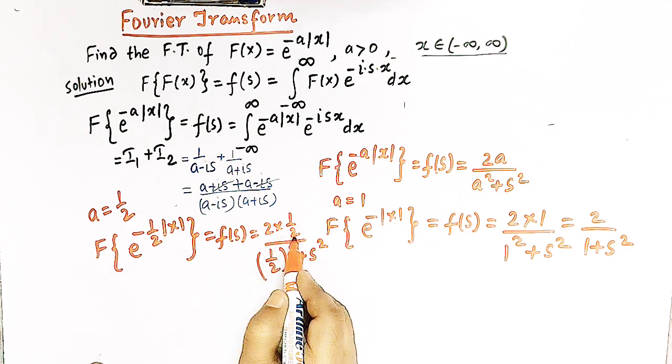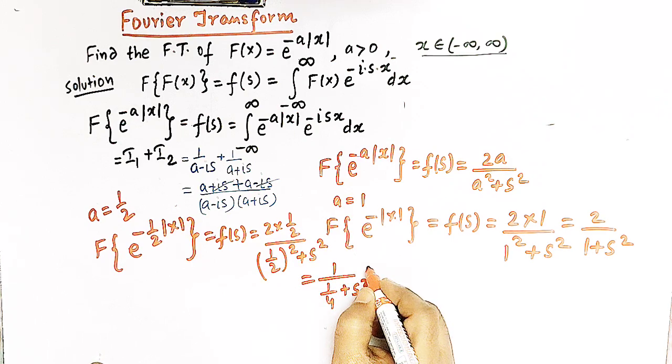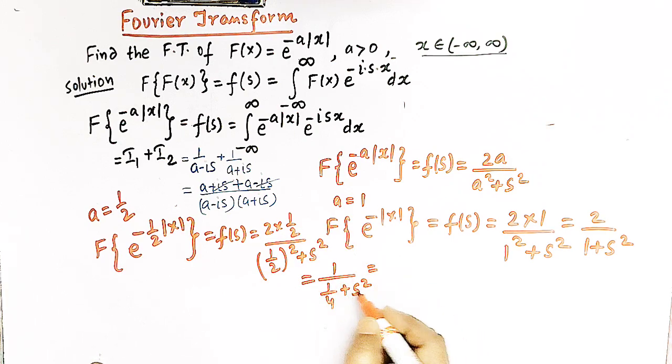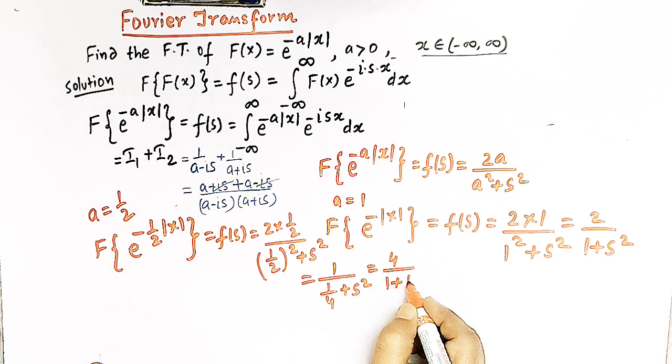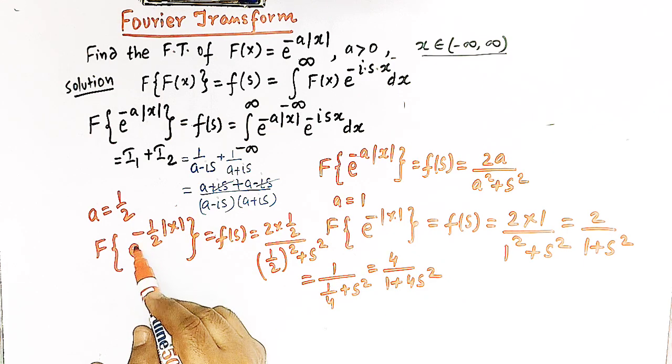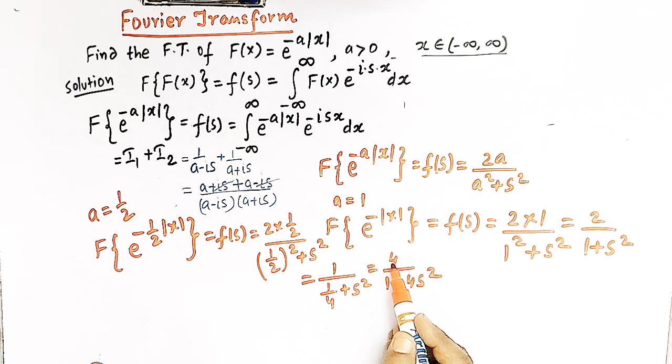Here 2 and 2 get cancelled. So we have 1 over 1 over 4 plus s square, and simplifying this, we have 4 divided by 1 plus 4 s square. So the Fourier transform of e raised to minus half times mod of x is given by 4 divided by 1 plus 4 times s square.